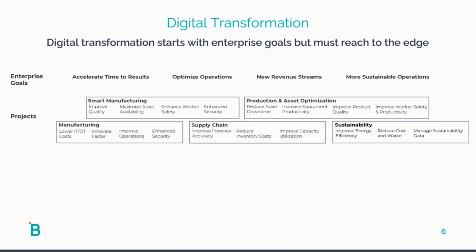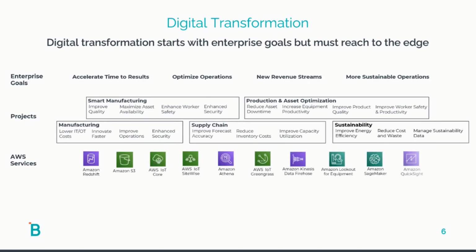Those enterprise strategies and goals get broken into projects. They fall into different categories: smart manufacturing, supply chain, production and asset optimization, sustainability, and those get broken into projects like improving quality, increasing your equipment productivity, reducing your inventory costs, lowering your OT and IT costs.